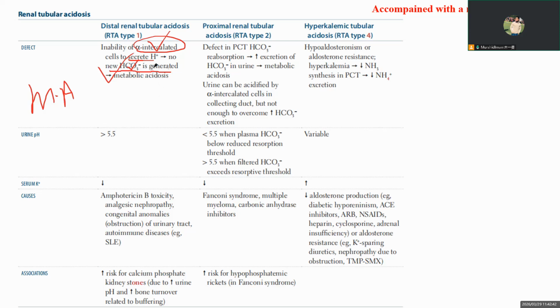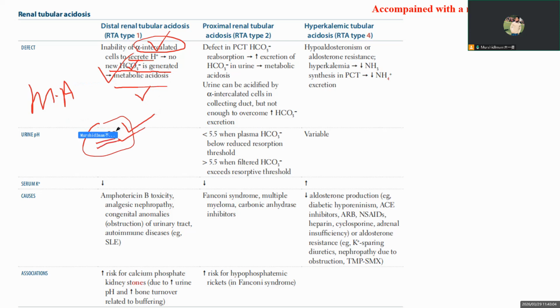And whenever there is no generation of bicarbonate, it means the person is developing metabolic acidosis. Why is that? Because the blood starts becoming acidic. Okay, and whenever you check, the pH is always the classic diagnostic tool.